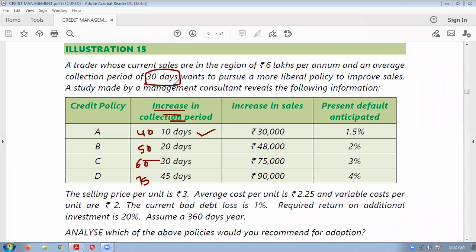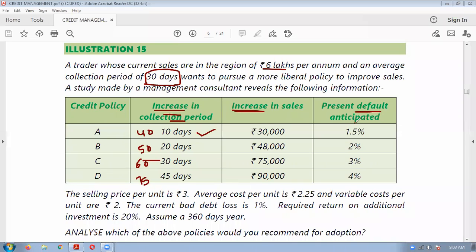And 45 means 75 days respectively. And increase in sales is given. Current is 6 lakh. So if you increase by 10 days and make the credit period 40 days, your sales will become 6 lakh 30. Similarly, you can calculate for other proposals also.